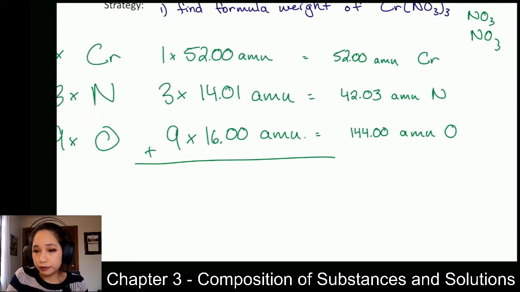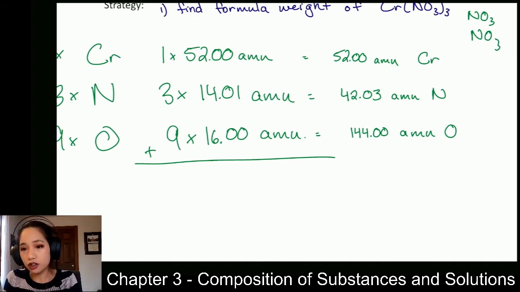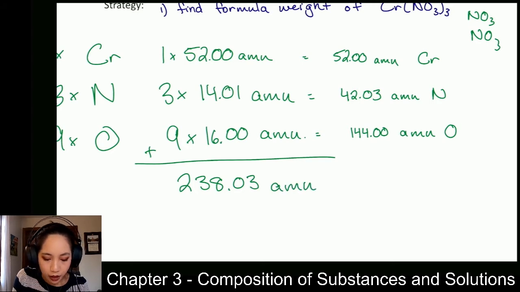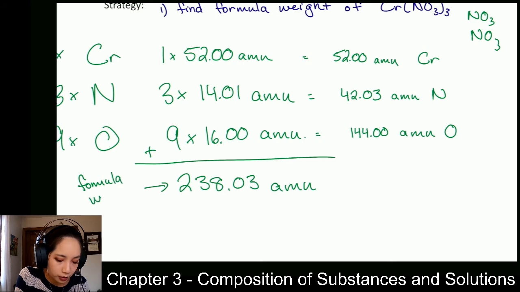And then go ahead and add all those numbers up to get the whole formula weight of all of the chromiums, nitrogens, and oxygens in the chemical formula. So that will give you a number of 238.03 AMU. That's our formula weight.